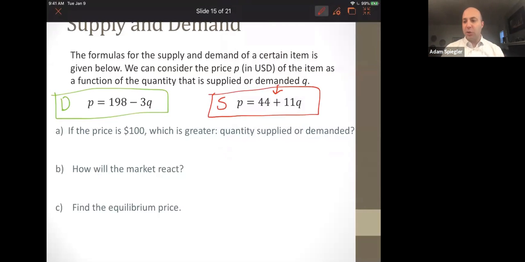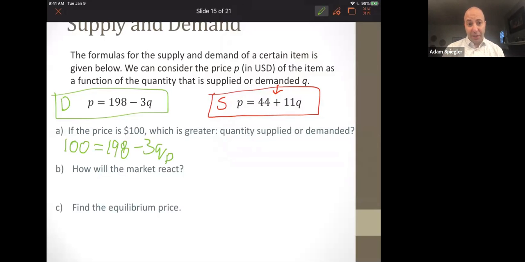So let's say, just randomly picking a price, what would happen if we set the price at $100? So for the demand, if I set the price equal to 100, and since we have two Q's here, a Q for supply and a Q for demand, I'm going to put a little subscript of D on that.